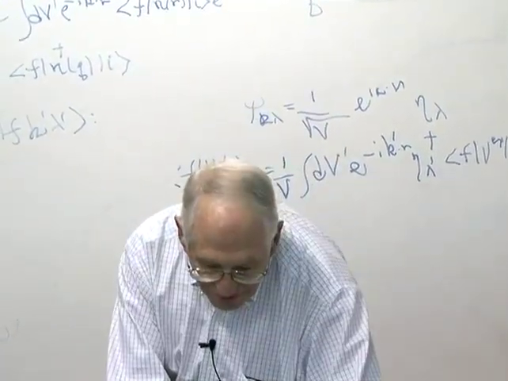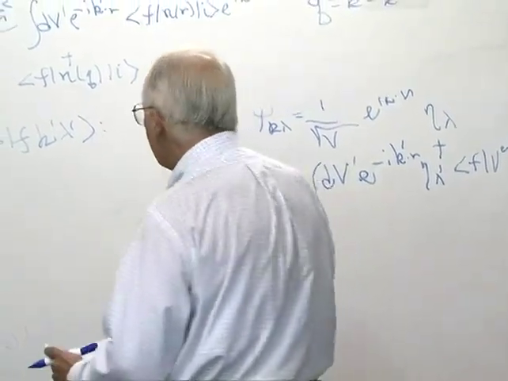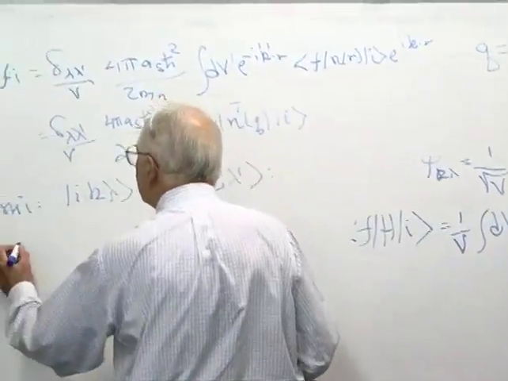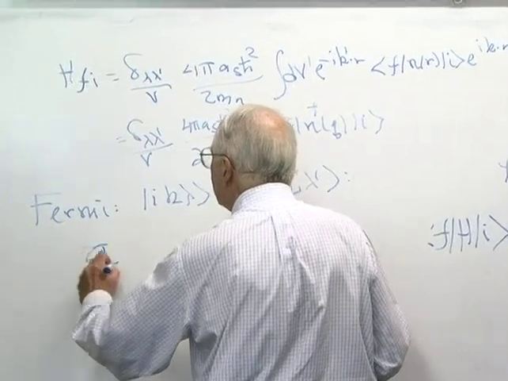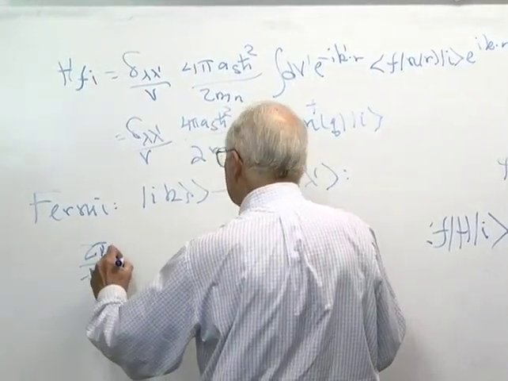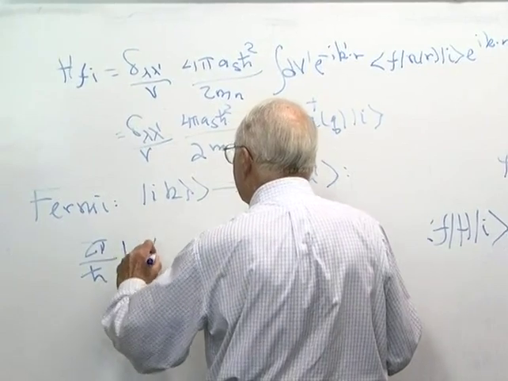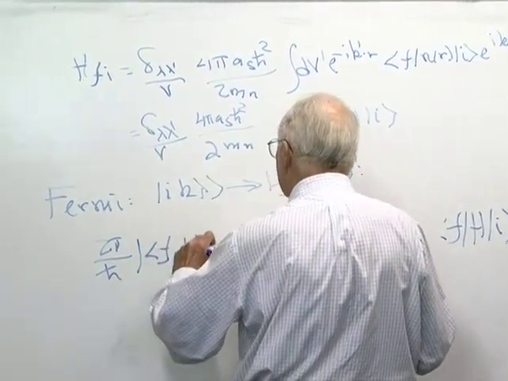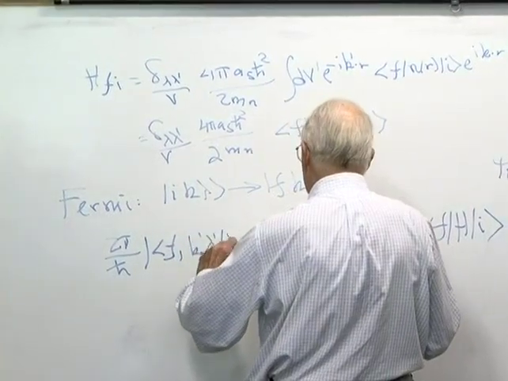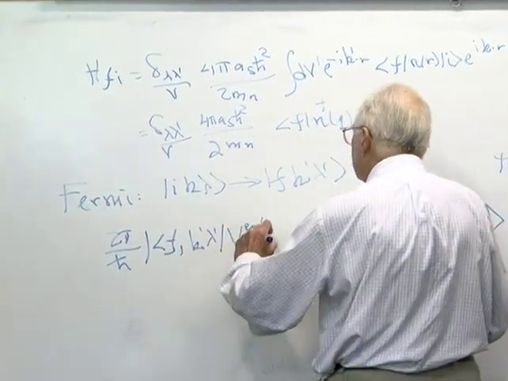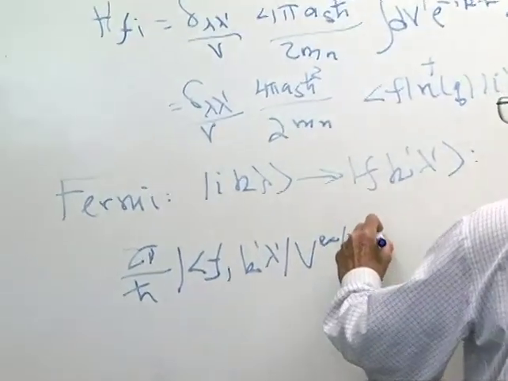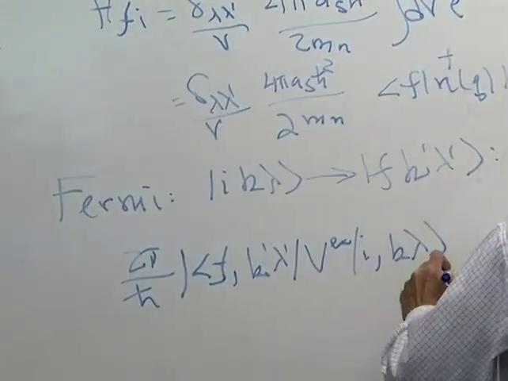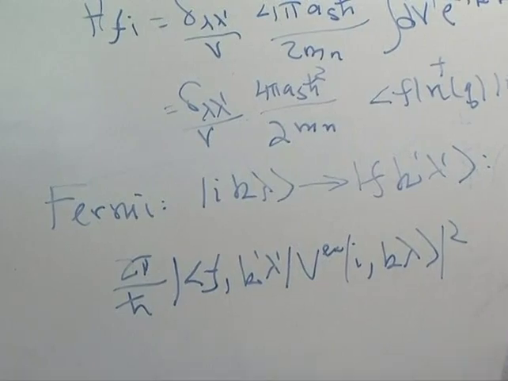So this should be familiar, that the rate, this is called the transition rate, is just 2 pi over h bar, the matrix element f, k prime lambda prime, V external, i, k lambda, squared. It's the square of the matrix element.